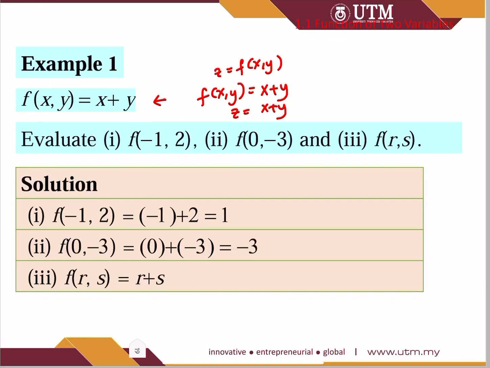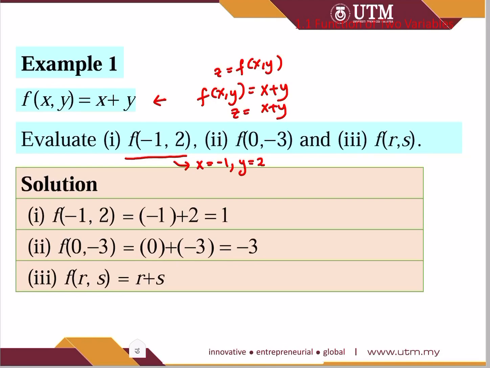Now we want to evaluate f(-1, 2). So in this case, we have the value of x equal to negative 1 and the value of y equal to 2. We just substitute the value inside the function f(x, y).